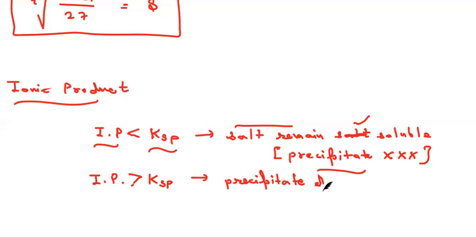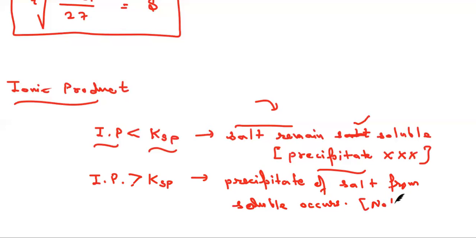So we can say that precipitate of salt from solution occurs. Sometimes people also ask, you told us when IP is lesser and Ksp is higher, the salt is soluble, fine. And when Ksp is lesser, it is not soluble, which means it is going to form a precipitate.